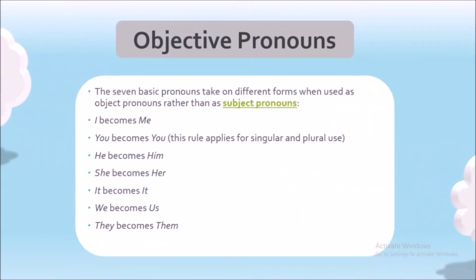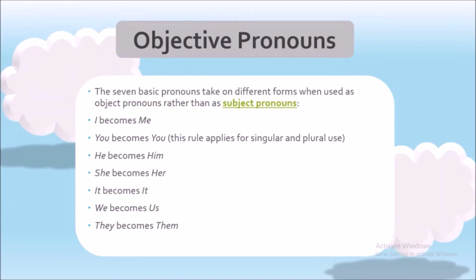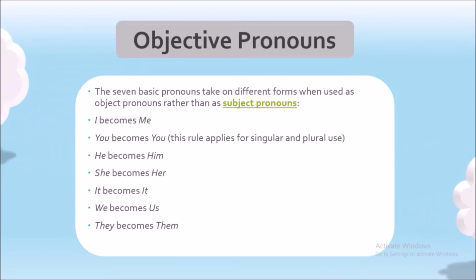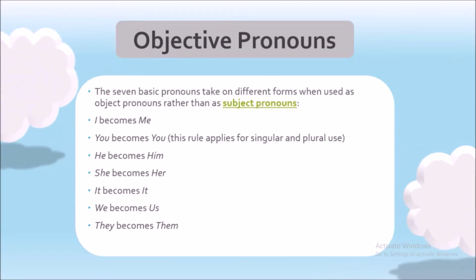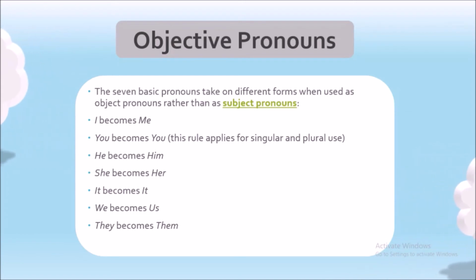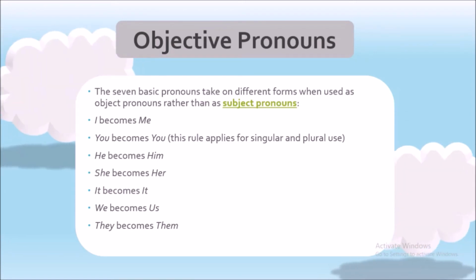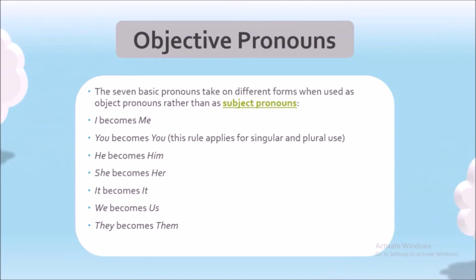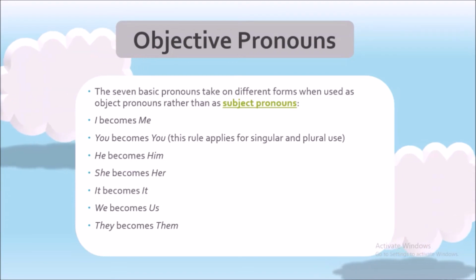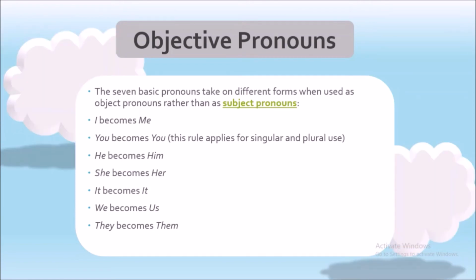The 7 basic pronouns take on different forms when used as object pronouns rather than as subject pronouns. I becomes me, you becomes you. This rule applies for singular and plural use. He becomes him, she becomes her, it becomes it, we becomes us, they becomes them.